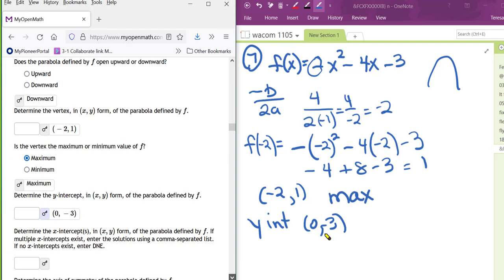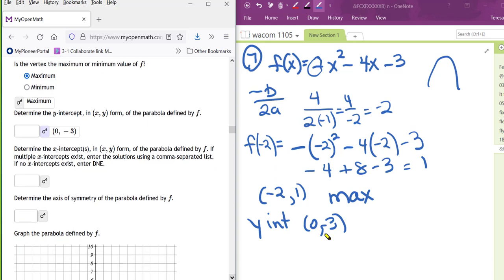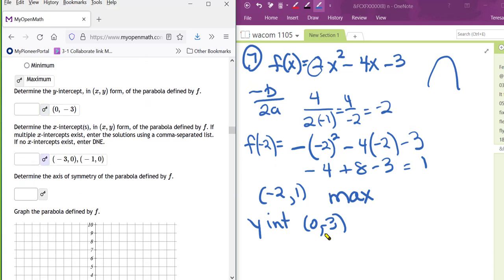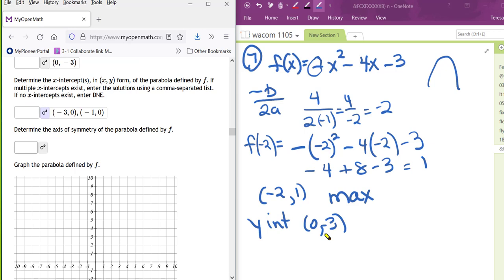Good. X-intercepts, I'm going to skip. You can see what they are. There they are. So this one would factor easily. You could take that negative out, and it will factor if you set the 0 equal to that. Your axis of symmetry is going to go back to your vertex. So x will equal negative 2.